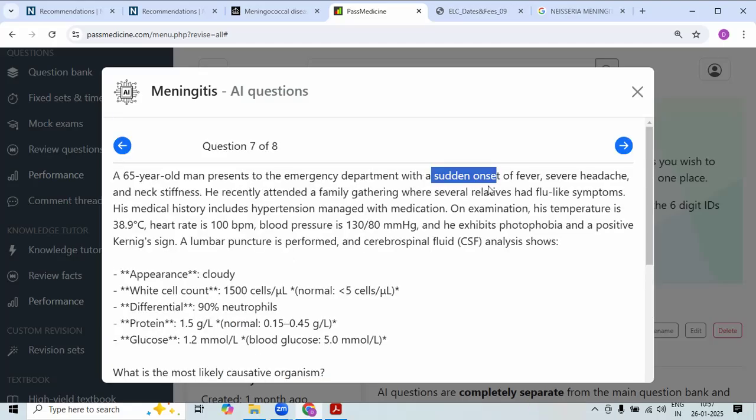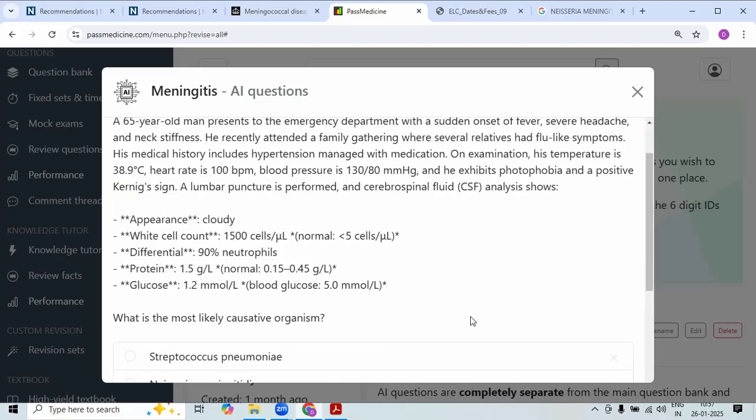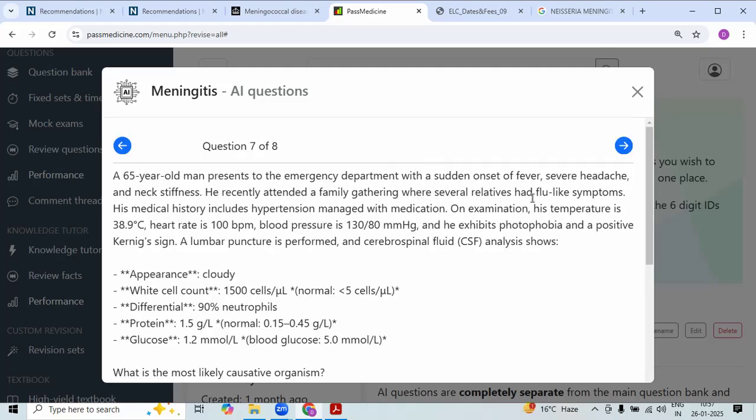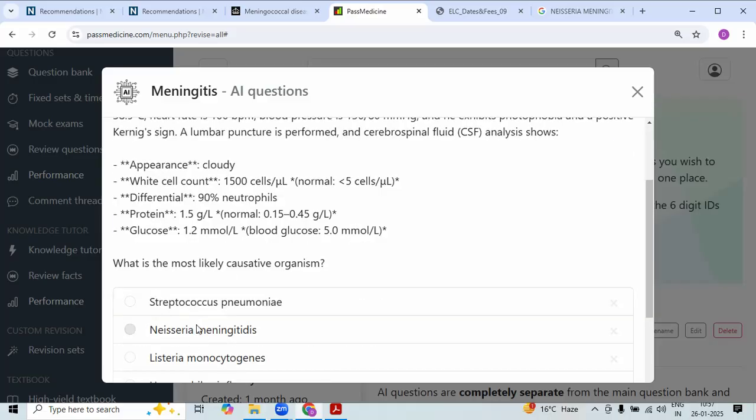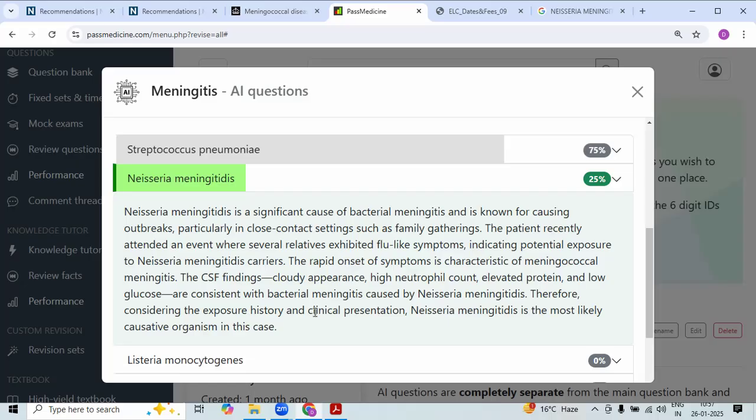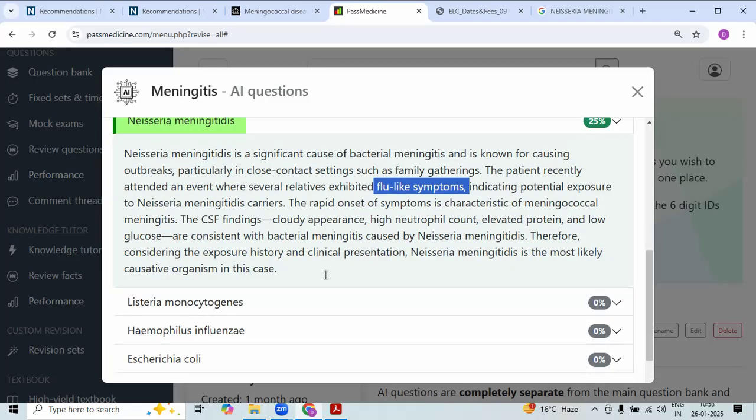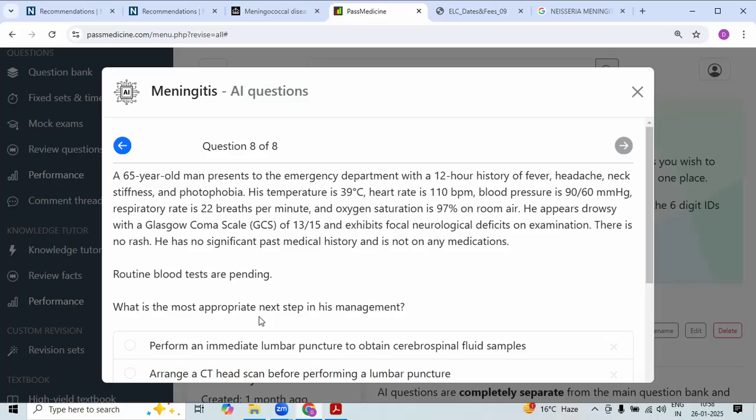So this is sudden onset and he was in a gathering with flu-like symptoms. So flu-like symptoms will go towards meningococcal, that is Neisseria meningitis. The patient has close contacts and family, so that can be a bacterial meningococcal outbreak, and if they exhibit flu-like symptoms, this indicates potential exposure to the Neisseria organism. So that's why this will be the answer.